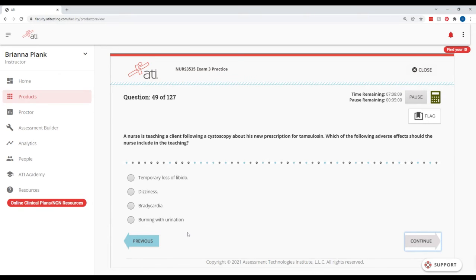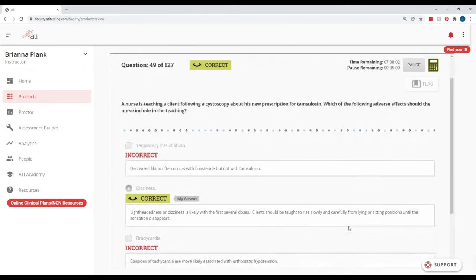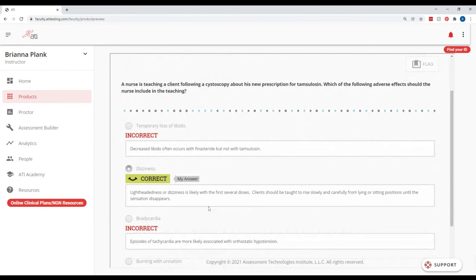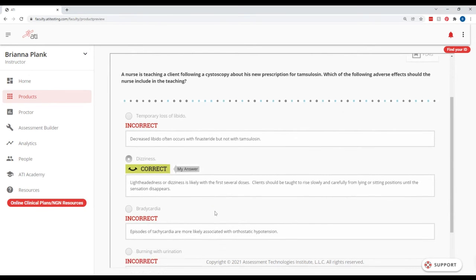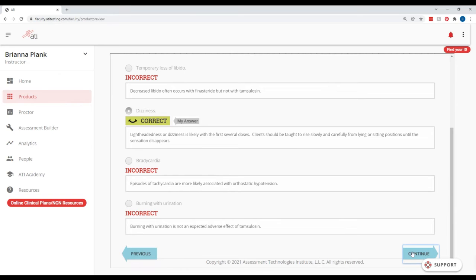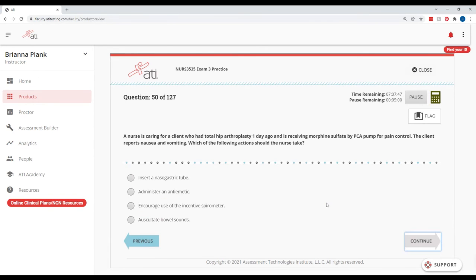D. I think it is B. So dizziness is a common side effect of Flomax. Burning with urination would be bad. That would be like a sign of an infection.